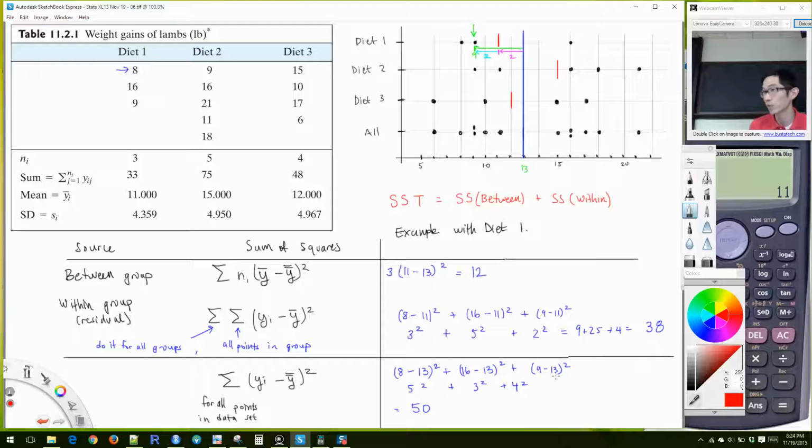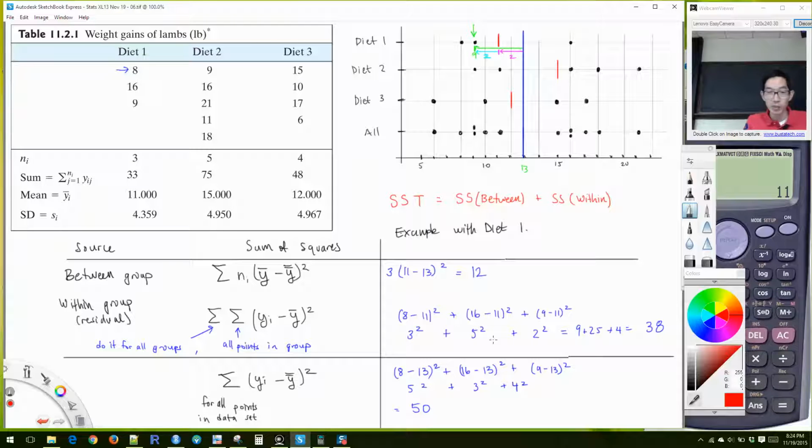It feels small, right? Because the variation contributed by the groups being different is 12, and the variation from individuals being different within a group is 38. So it seems like the fact that individual differences are big contributes a lot more. Okay.